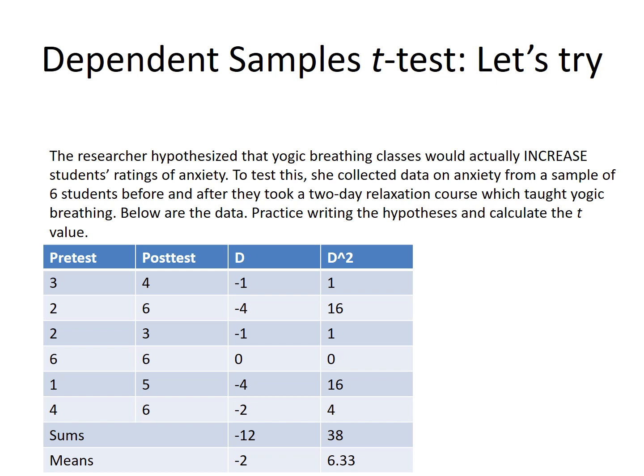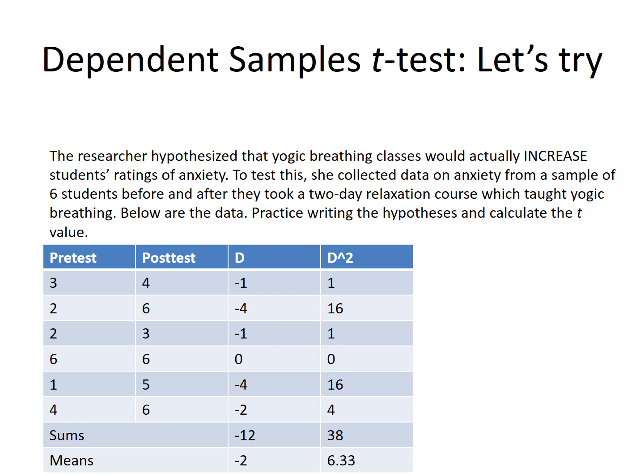Now on this slide, I've shown the calculations for D and D squared. In my D column, what we have is the pre-test score minus the post-test score. As I noted before, you can actually flip these around and do post minus pre, which is what is typically done, in which case you'll see the exact same numbers but without the negative sign in front of them.